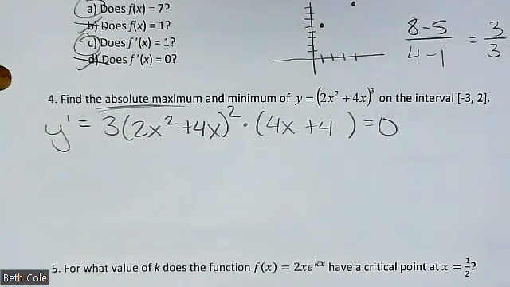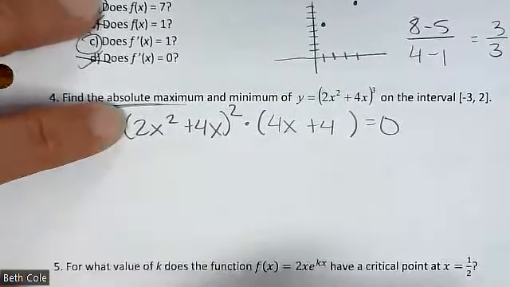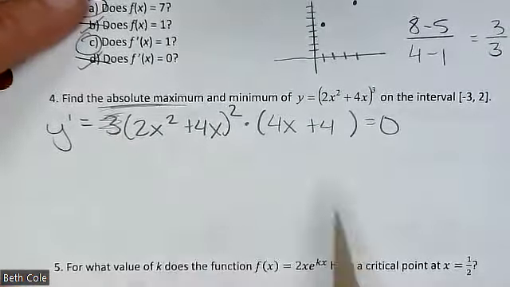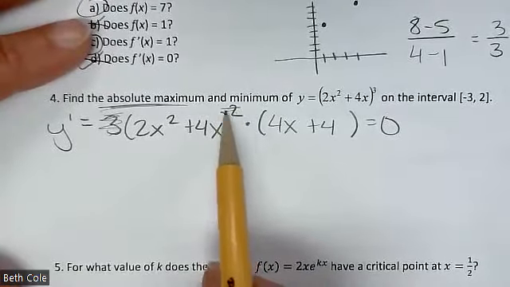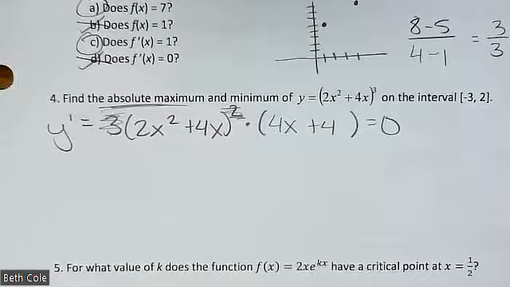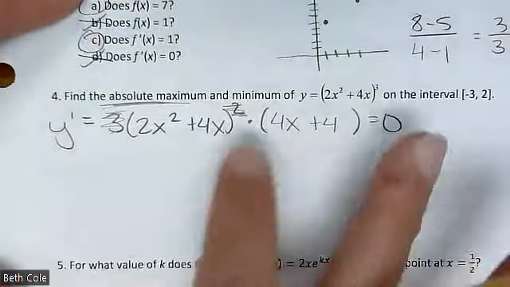I'm going to verbally just talk you through a little bit of this so we can do less writing. What's 0 divided by 3? 0. So you don't need this. Ignore that. And what's the square root of 0? Still 0. So you don't need that either. You're just going to set these two things equal to 0, factor them and solve them.